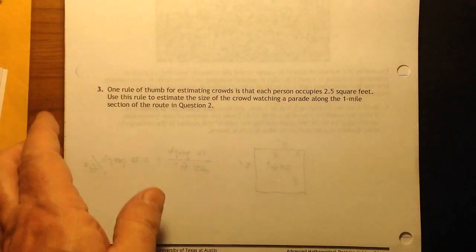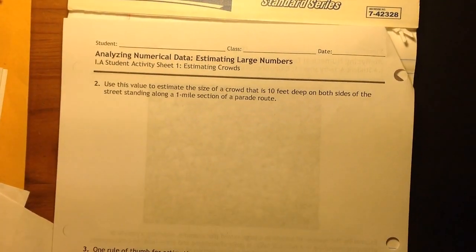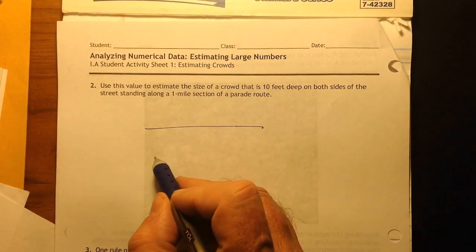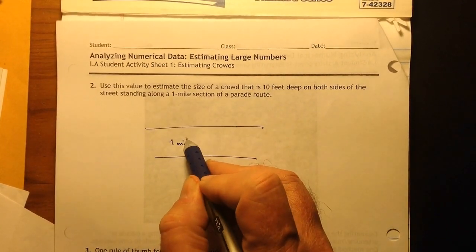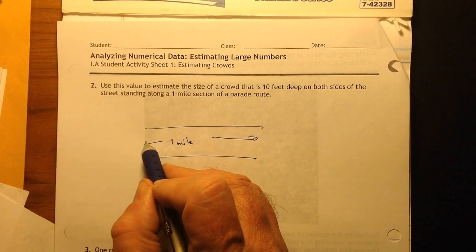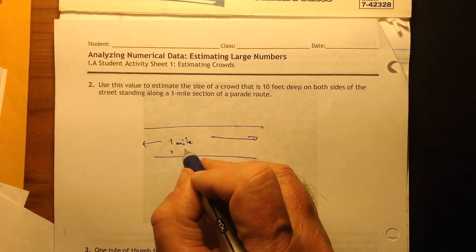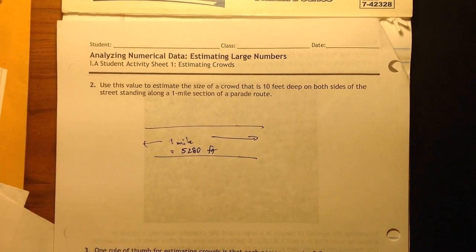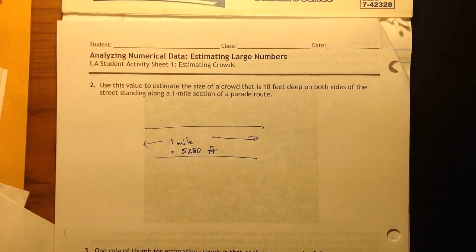We're going to answer these next two questions. Number 2 says use this value to estimate the size of a crowd that is 10 feet deep on both sides of the street standing along a 1 mile section of a parade route. So here's our street. It goes on for 1 mile, which maybe you know, maybe you don't know, is 5,280 feet.